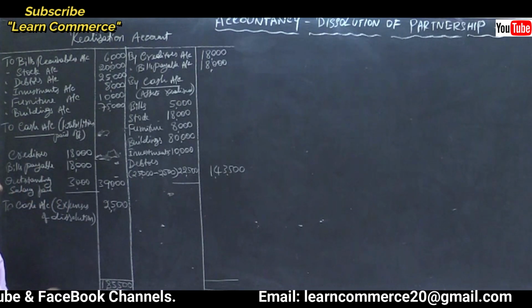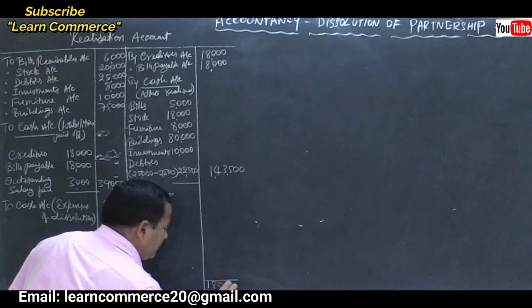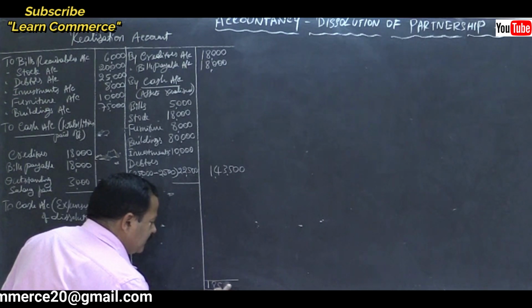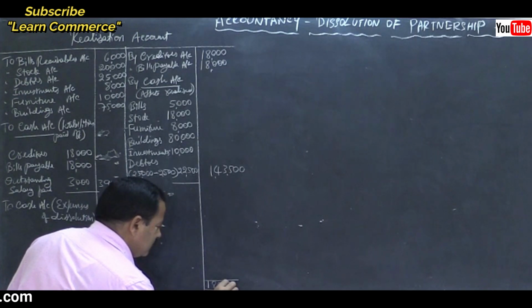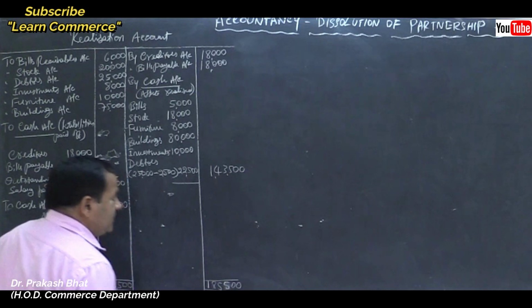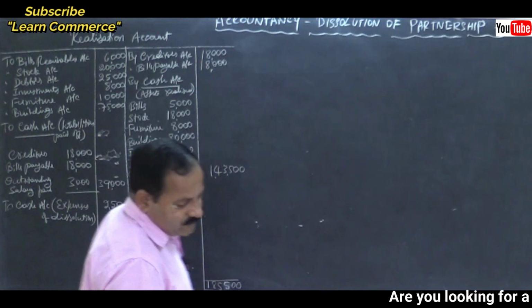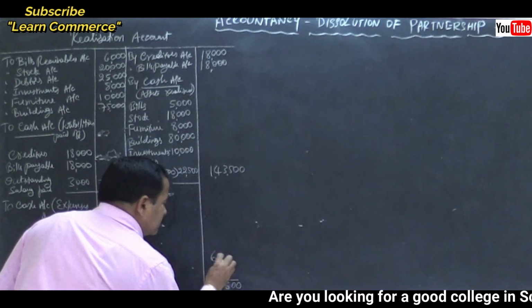Write the same total on the other side. Short side 185,500. Yes, find out the difference. Difference is 6,000 rupees.